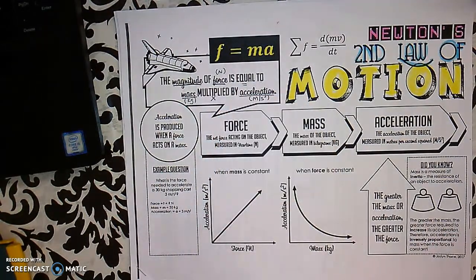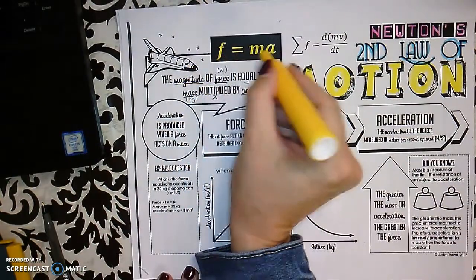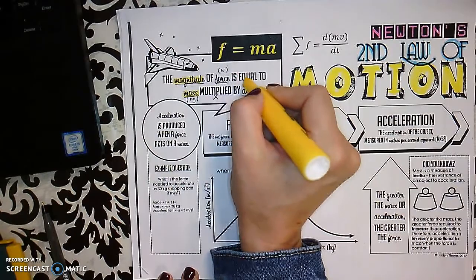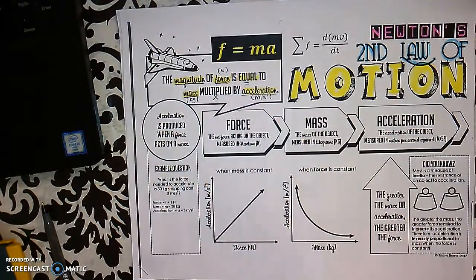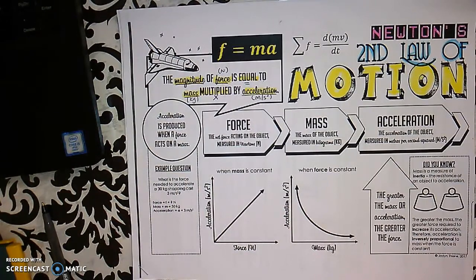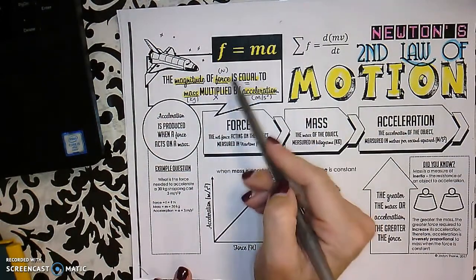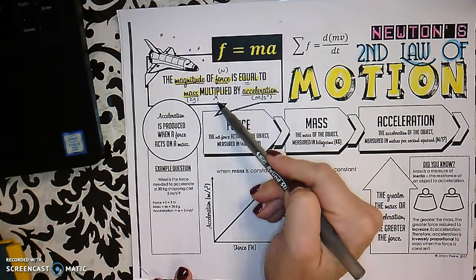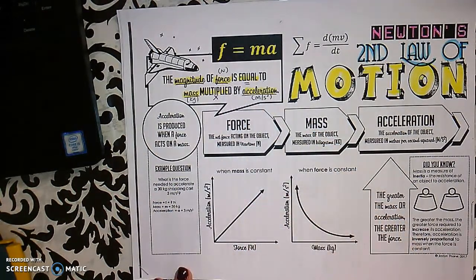Can you see that that formula is basically a mathematical way of saying exactly what we have right here? I just want to highlight those key words. The magnitude of force measured in newtons is equal to the mass multiplied by acceleration.